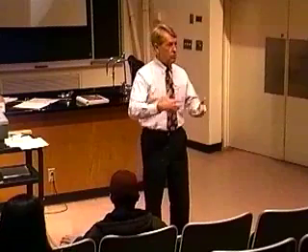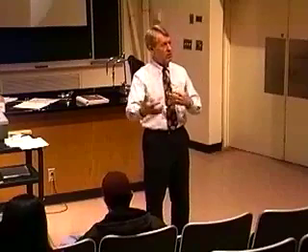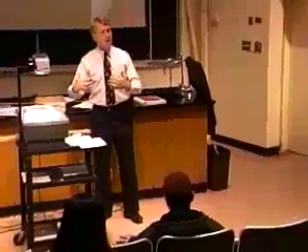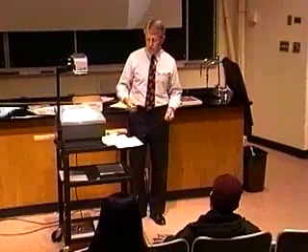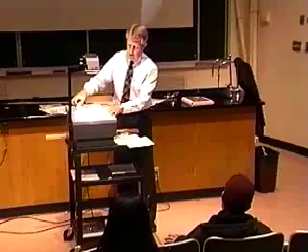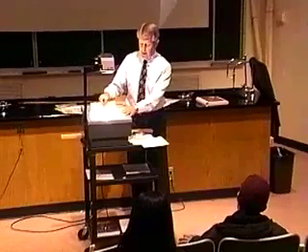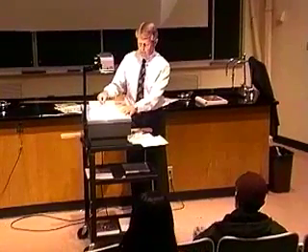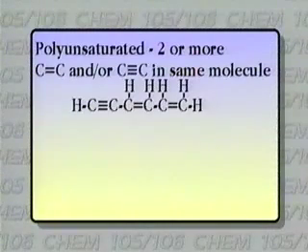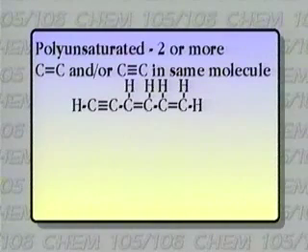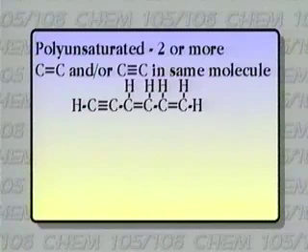Therefore, if we cook with those and we eat some of them from the cooking process, they should be more easily digested and less likely to lead to cholesterol. All right, there's still a lot of debate on the total effect of both. But this would represent now a polyunsaturated molecule. Notice that I have a triple bond and 2 double bonds in there. So it has 2 or more double or triple bonds. It's called polyunsaturated.